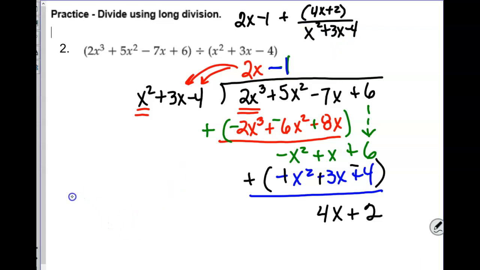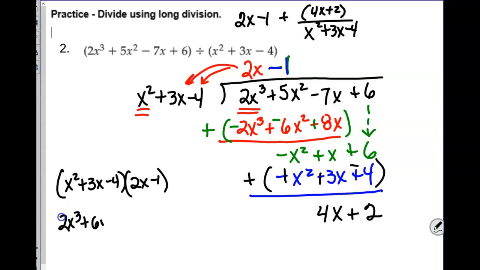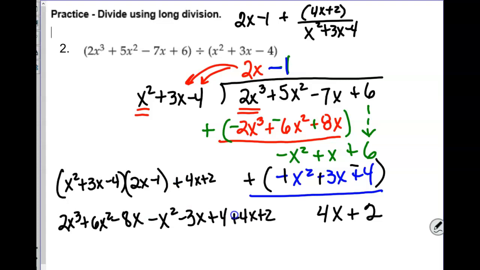If I wanted to check it, I'd have to take x squared plus 3x minus 4 and distribute a 2x minus 1 through it. Do you want me to actually do this? And then on the end, I'd have to add a 4x plus 2, the remainder.